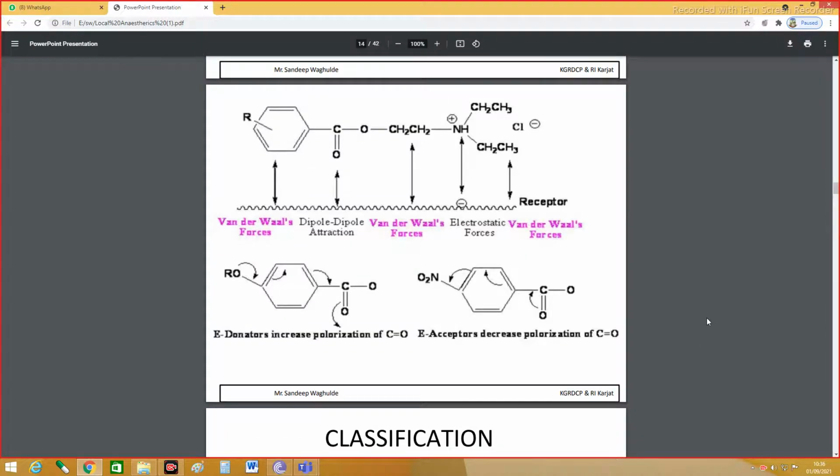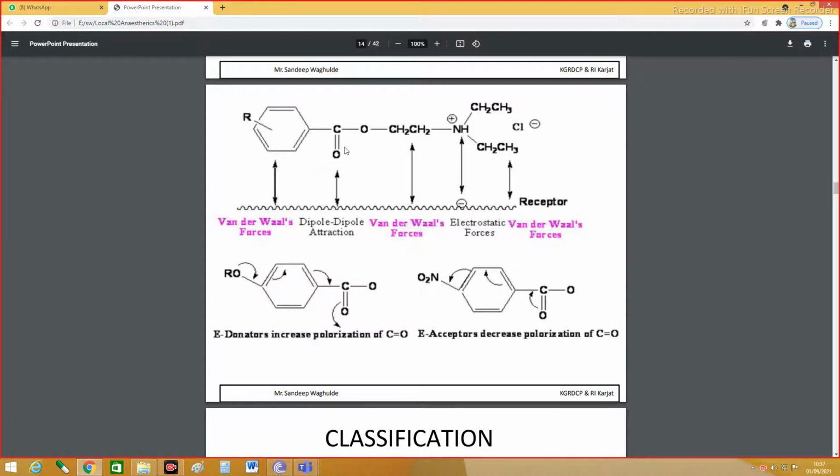This is one example of a local anesthetic. Through this example we can see the different types of interaction that it can have with the receptor. The first part is the lipophilic center, which has van der Waals interactions. Then we move to the intermediate chain.